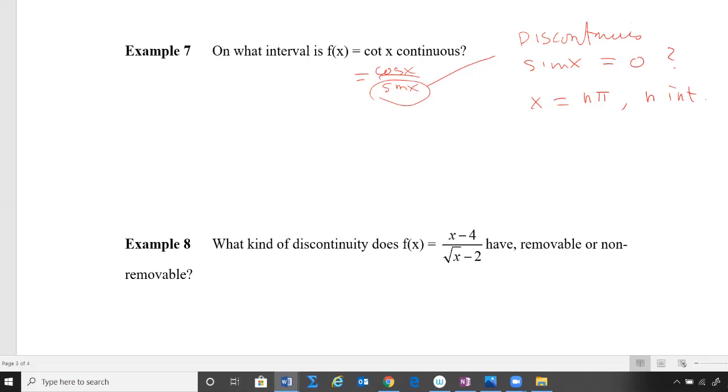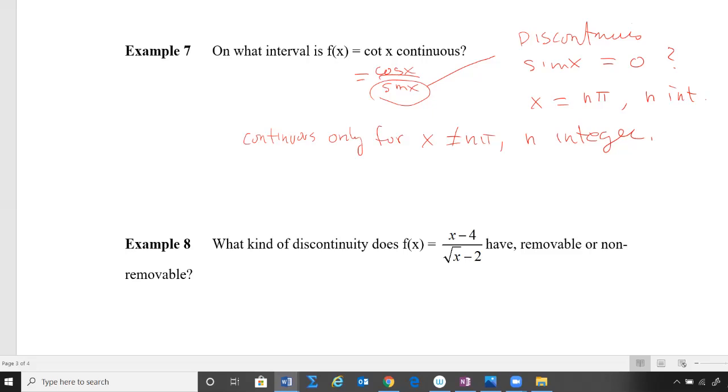Well, rather than list a whole series of intervals, a union of intervals, we'll just say that it is continuous only for x not equal to n pi, n an integer.